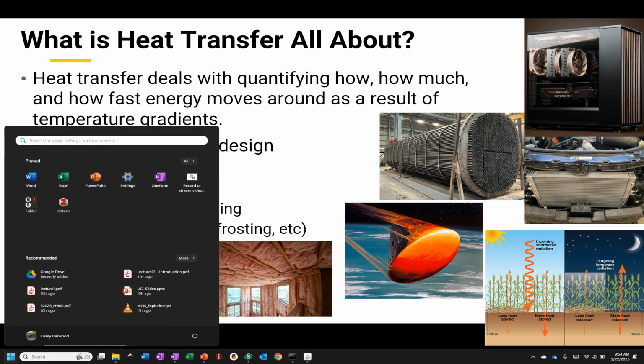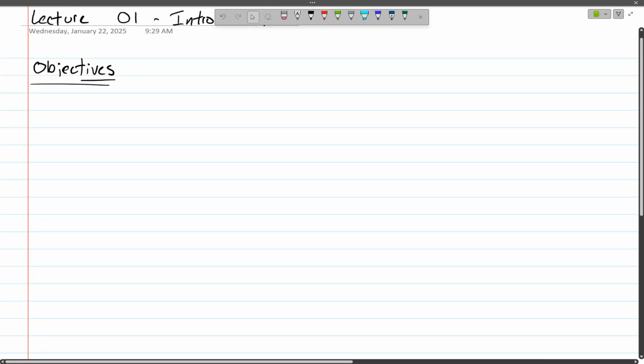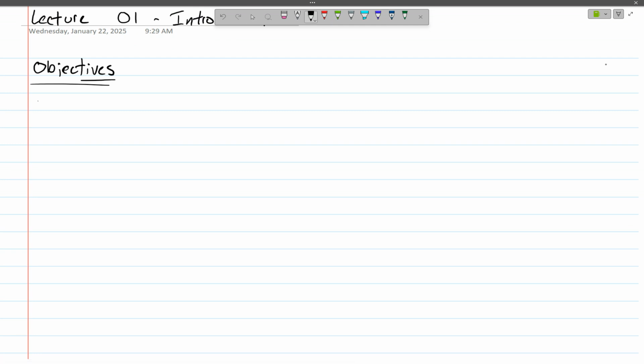All right. I'm going to jump over to my note page here. Right, state our objectives for the next 20 or so minutes that we've got. We've already reviewed the course structure, so I'll leave that out.